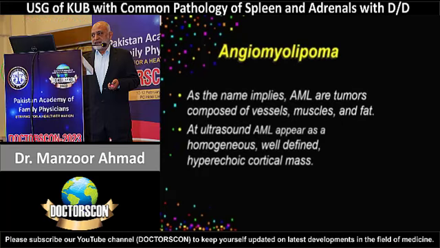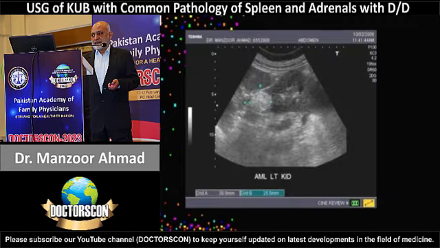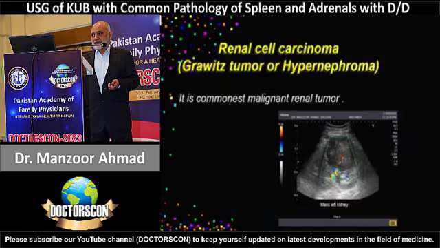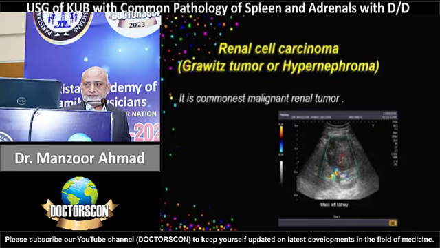The commonest benign lesion within the kidney is the angiomyolipoma, which looks bright and well demarcated. Sometimes malignant masses may be bright, but they will have a cystic component inside. So a well demarcated hyperechoic lesion visible within the cortex is mostly angiomyolipoma. Renal cell carcinoma is the malignant lesion.